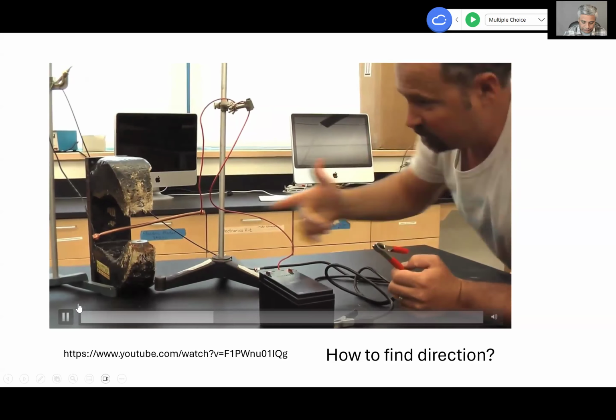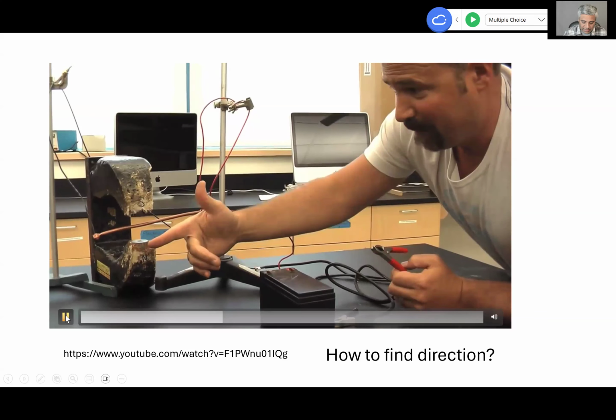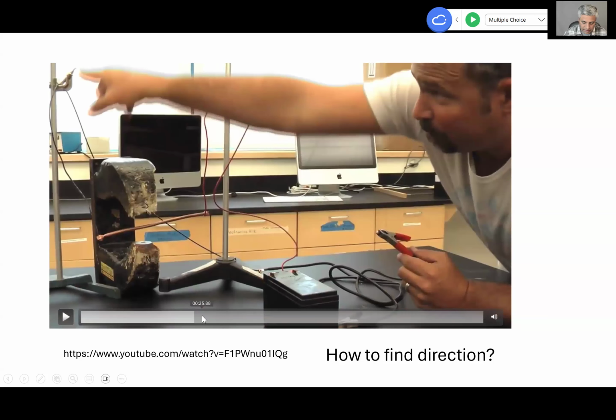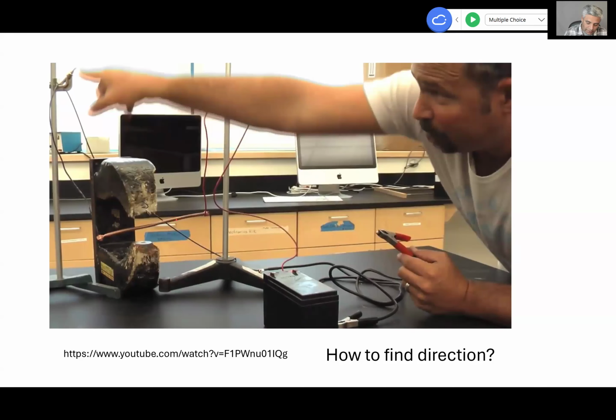So we'll have electricity flowing this way, magnetic field pointing up. So current flowing this way in the wire. Okay, I'm drawing on the screen. And magnetic field is this way.